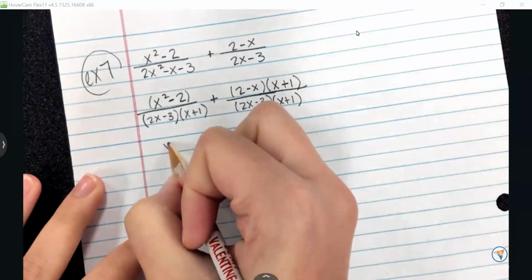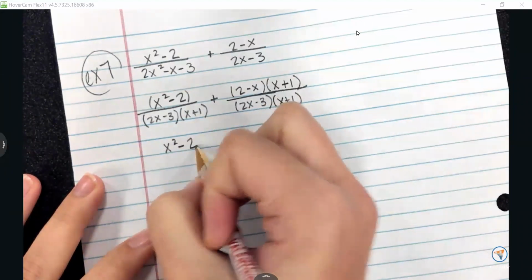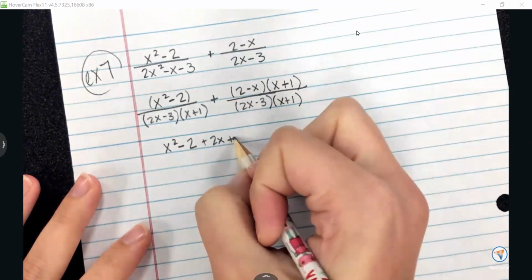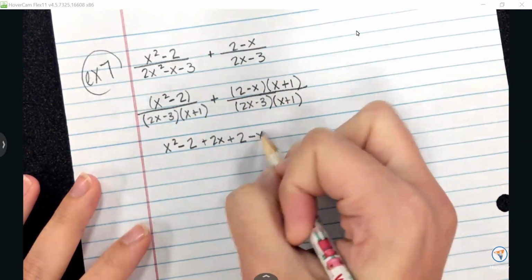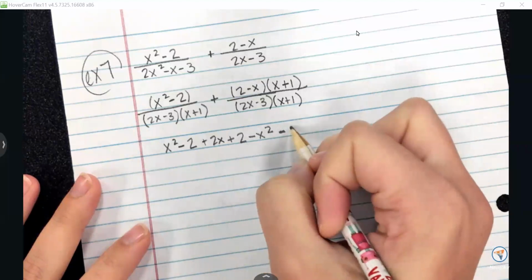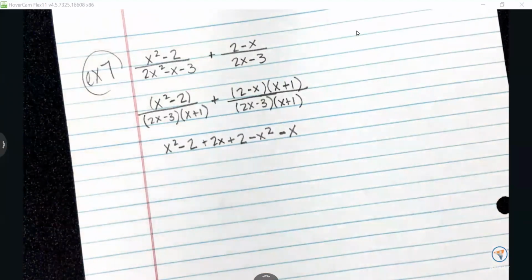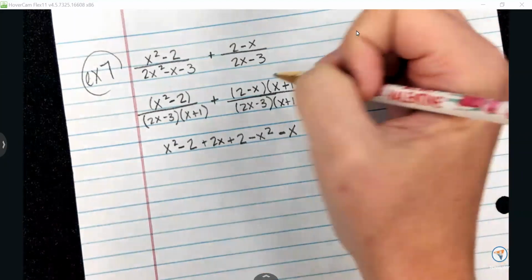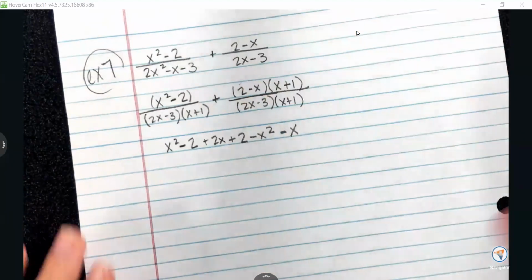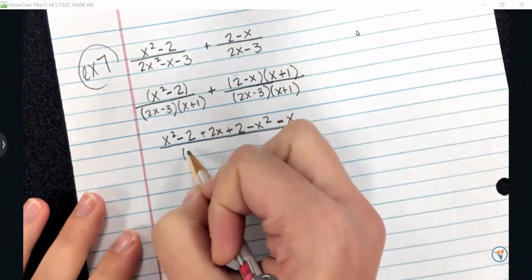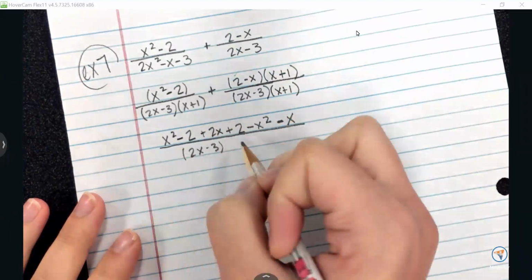So I have x squared minus 2, then I'm going to have a plus 2x plus 2 minus x squared minus x. Where did I get all that from? I foiled. I distribute my 2 parentheses all over my denominator.